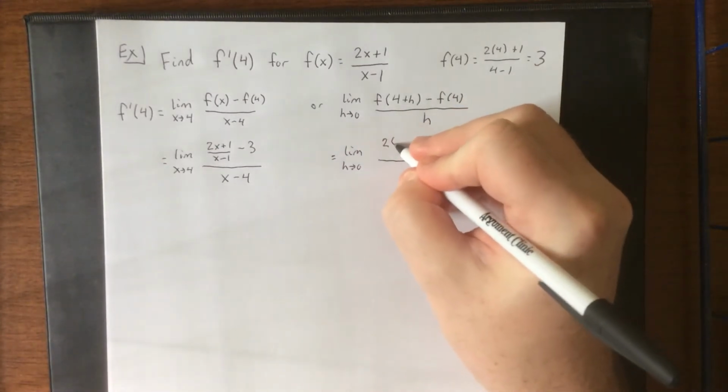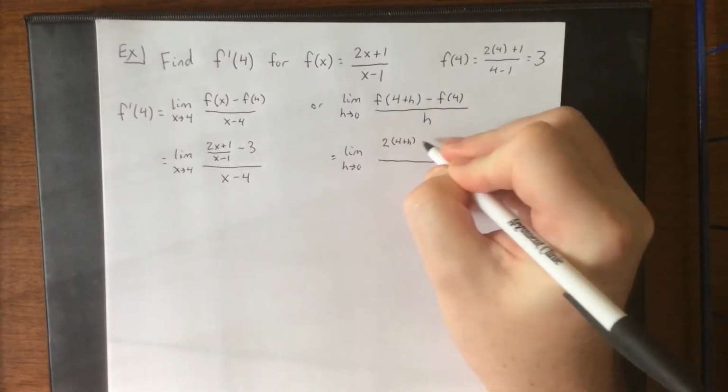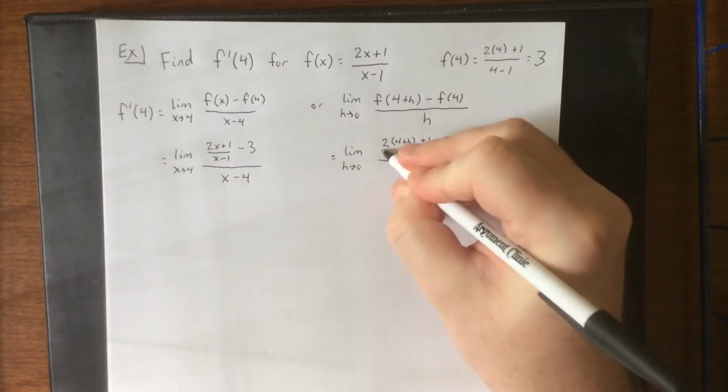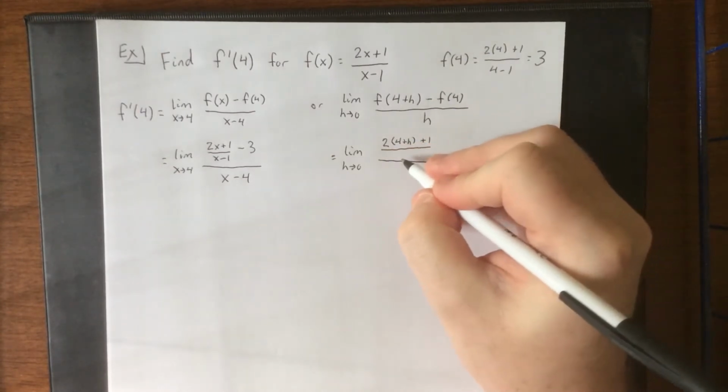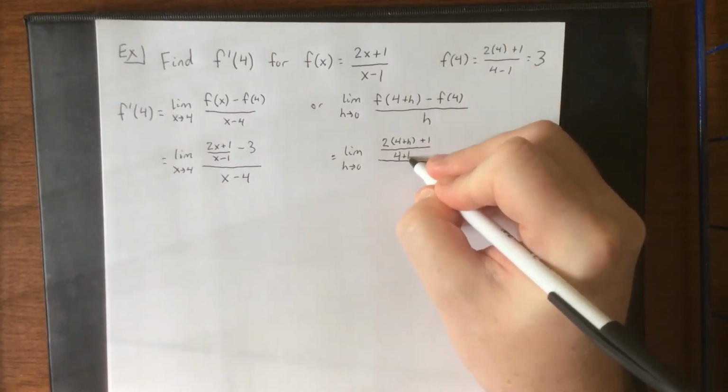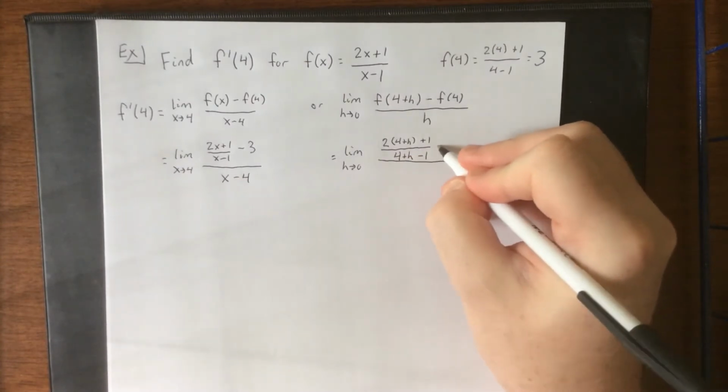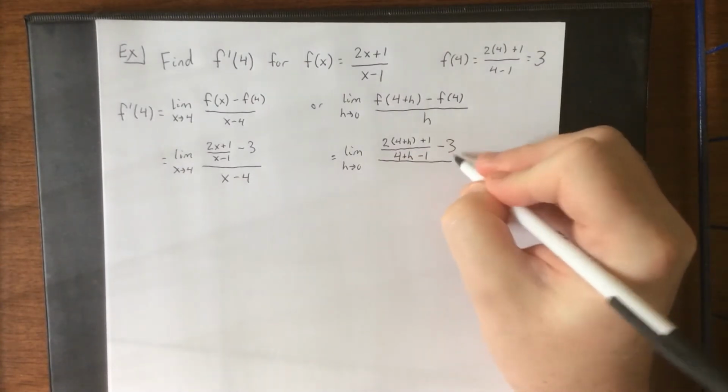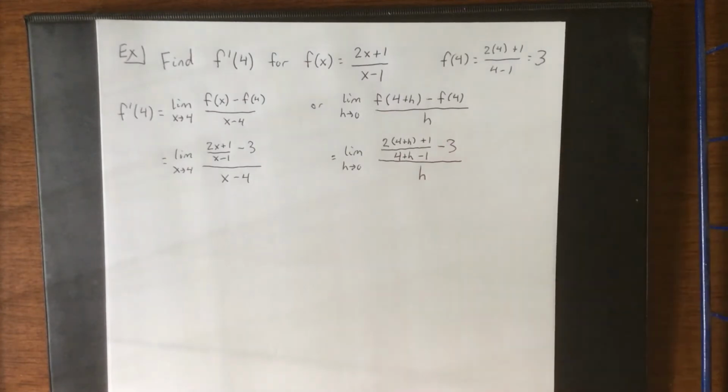So this would be 2 times 4 plus h plus 1 over 4 plus h minus 1 minus f of 4 all over h. Now both of these are going to require a bit more work. Let's talk about that work.